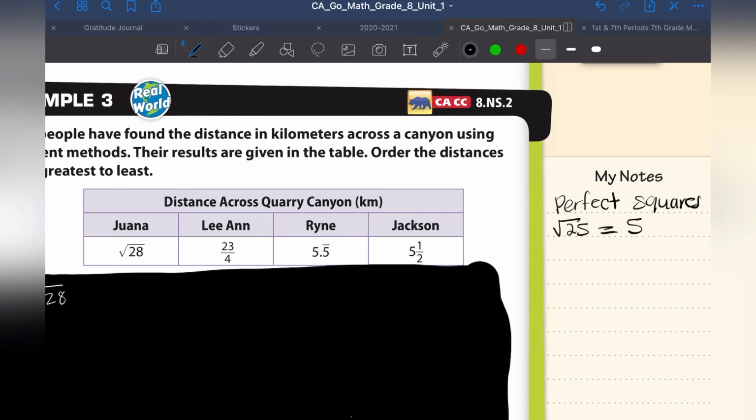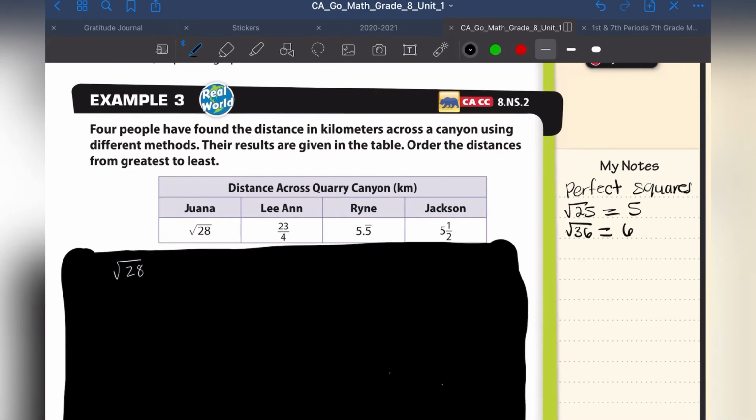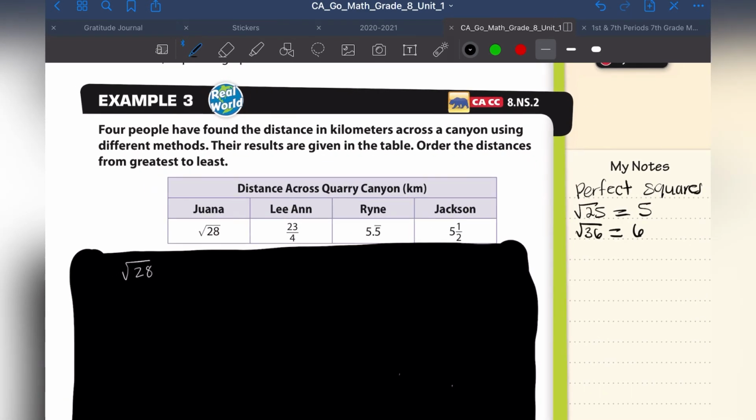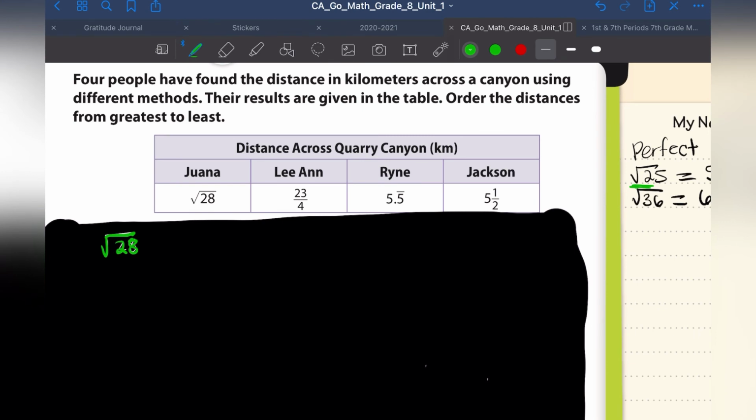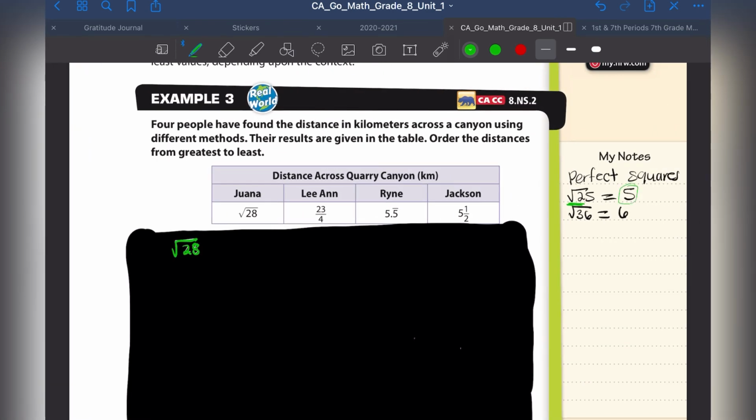So the next one would be 6. 6 times 6 is 36. So we know that the square root of 28 is between the square root of 25 and the square root of 36, but it's closer to the square root of 25, so we are going to keep it closer to 5.